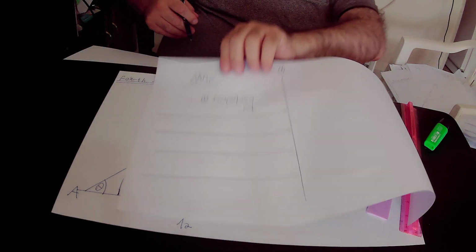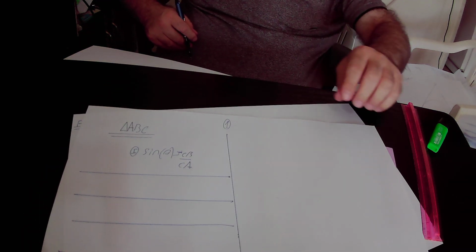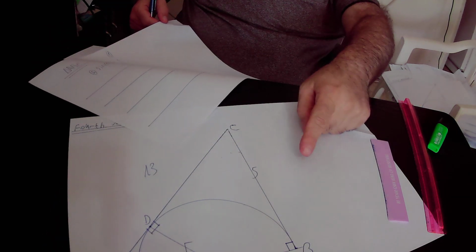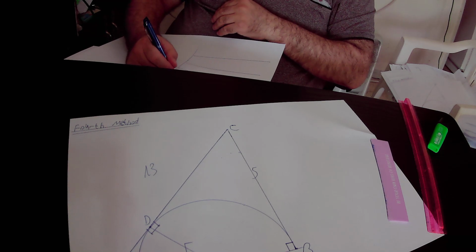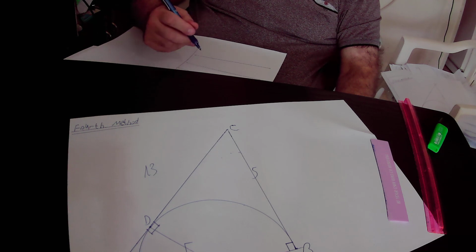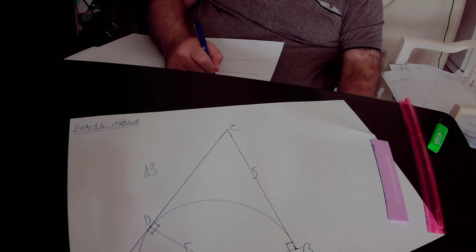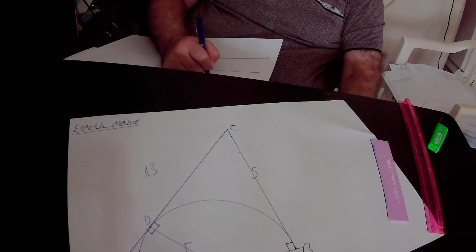Again, in the right triangle ABC, sin theta equals CB over CA. But we know that CB equals 5 units, it is given in the question. And we have already found that CA equals 13 units, it is the hypotenuse of triangle ABC. So in conclusion, according to equation number 1, sin theta equals 5 over 13.